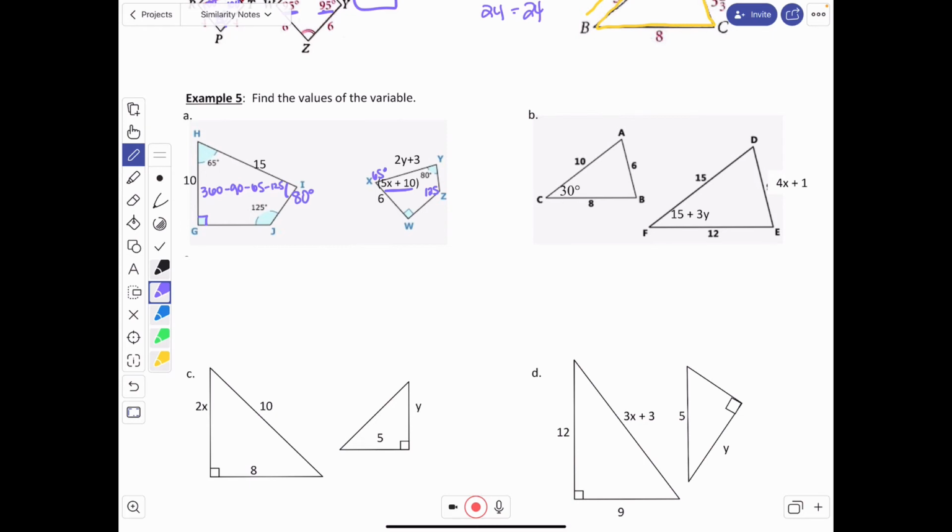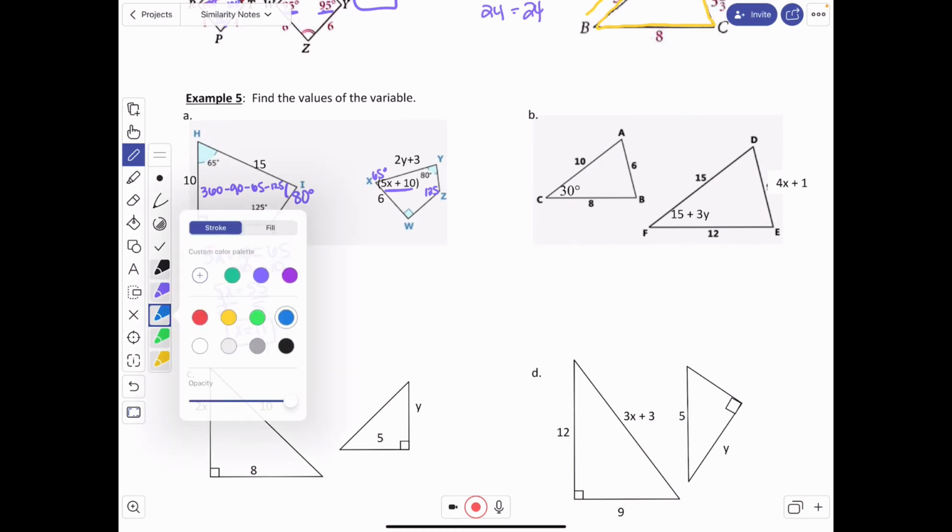So in order to find x, I can do 5x plus 10 equals 65. So if I subtract 10, 5x is going to be 55. Divide by 5, x is going to be 11. Okay?